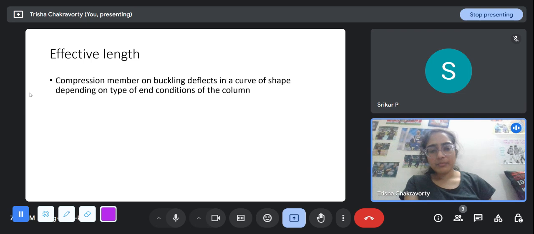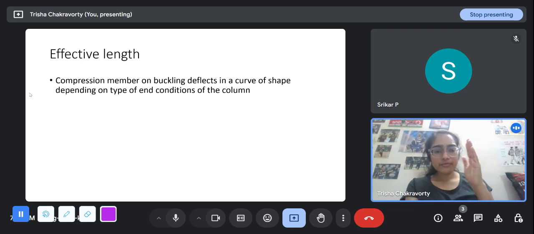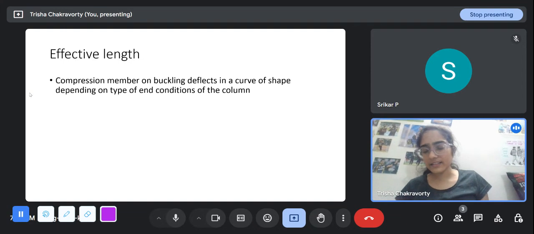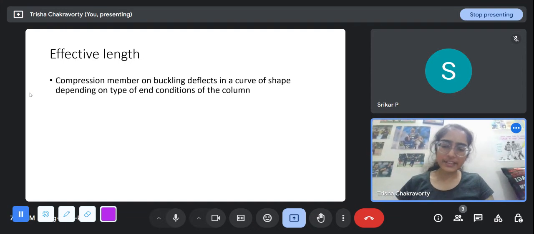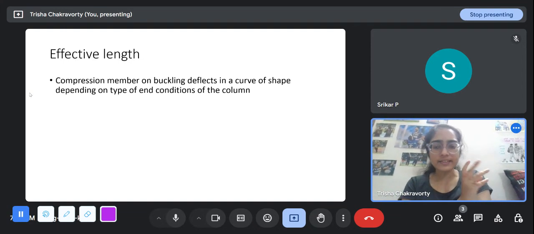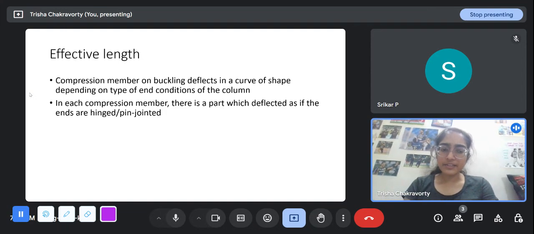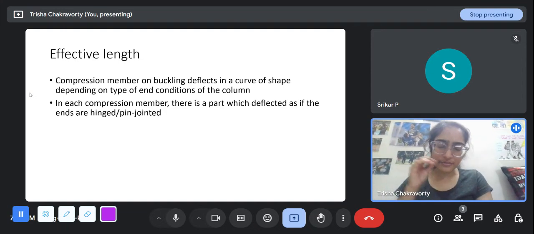A compression member on buckling deflects in the shape of a curve depending on the types of end conditions of the column. End conditions are just what we talk about as boundary conditions. They can be fixed, they can be hinged, they can be free. And in each compression member, there is a part which deflects as if the ends are hinged or pin jointed.